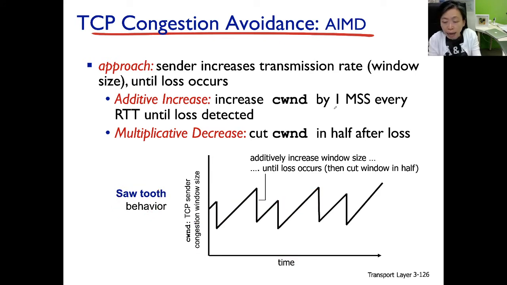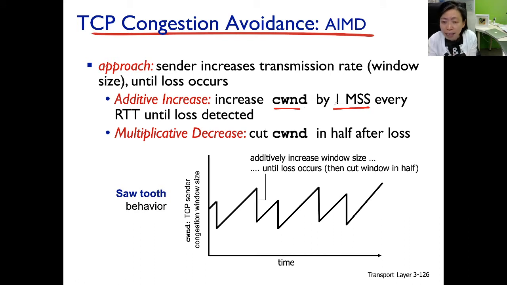One thing I want to add is this. We say we increase the window size by one packet per round trip time. But TCP sequence numbering is counting data by bytes. Window size is therefore also counting the maximum amount of data we could send out in bytes. So what do we mean by increasing the window size by one packet? That doesn't make sense. How do we implement that?